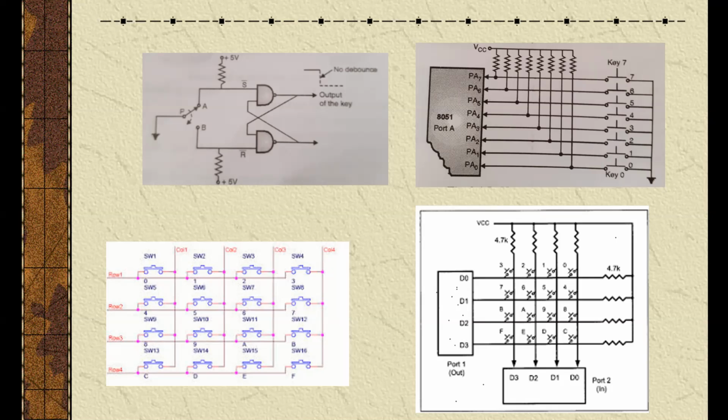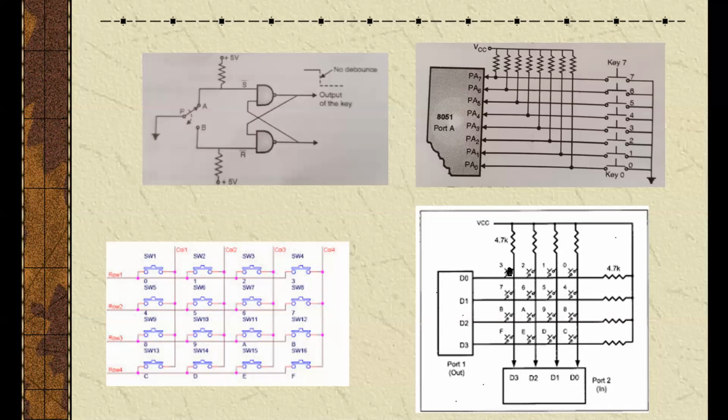If the output of the row is high, then it makes the line of the column high, and vice versa. If this is connected to VCC and this key is pressed, these two become short circuited, and the high voltage will flow from one to the other, and there is a current flow in between.